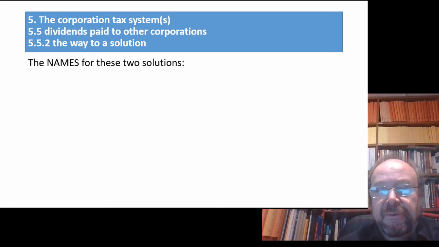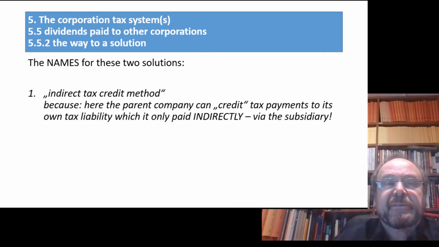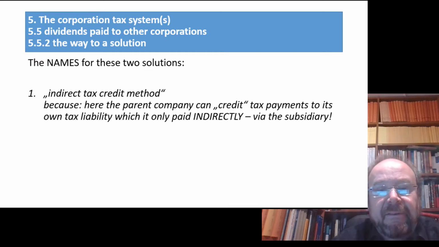Good. These two solutions naturally need names, and the first one would be called the indirect tax credit method. Because here the parent company can obtain a credit for the tax payments which have already been made, but it is only an indirect tax credit.